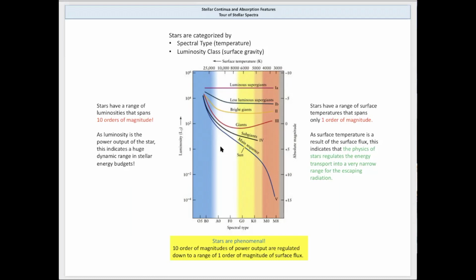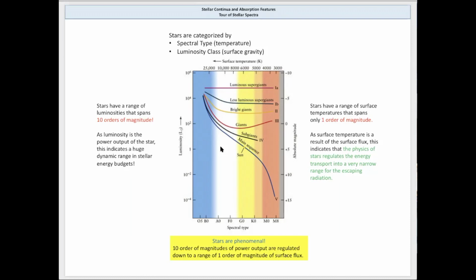I want to talk about the HR diagram for a minute. The reason I do is because it's one of the most important diagrams in all of astrophysics and astronomy. More can be gleaned off of this diagram than I think anybody ever dreamed of or imagined.